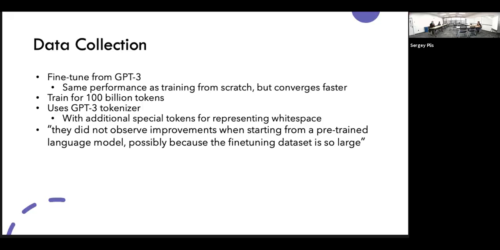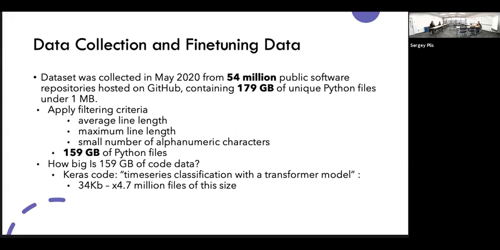Going forward, along with this they also took a parameter called temperature, which I'll talk about in the coming one. This is the data set which they collected: 54 million public repositories, which is a lot, containing 179 GB of unique Python files under 1 MB.